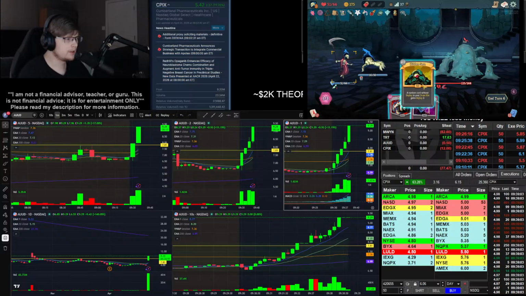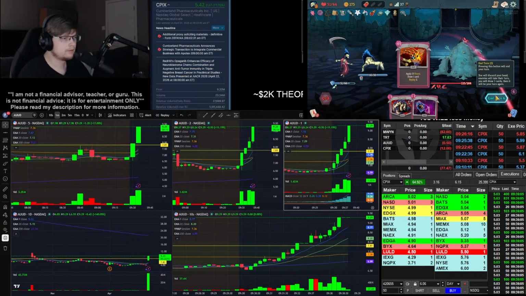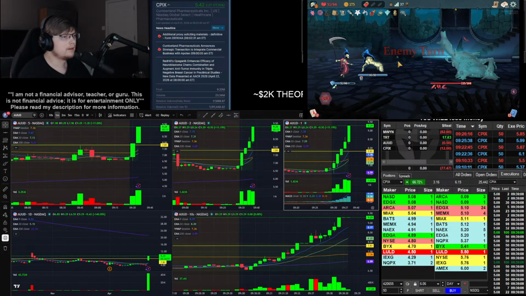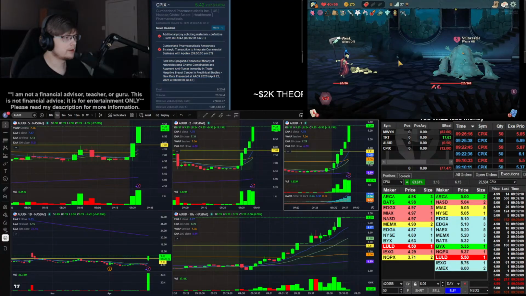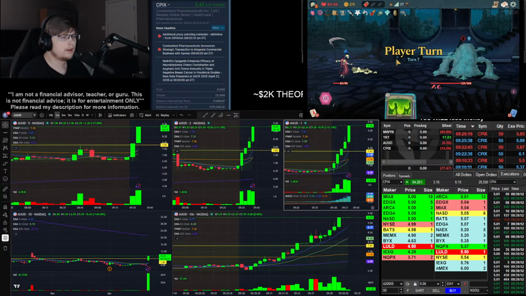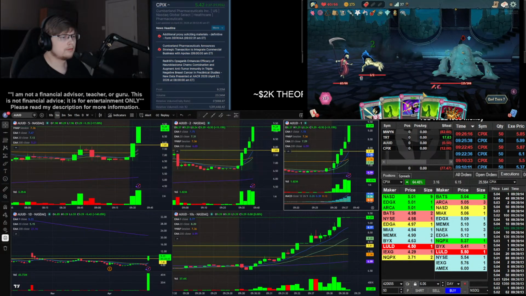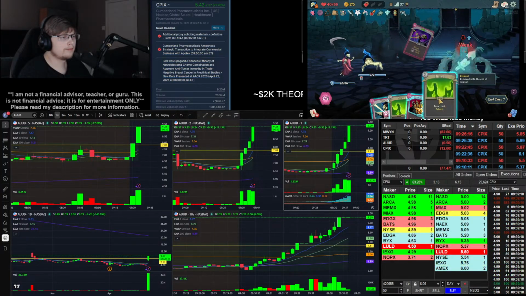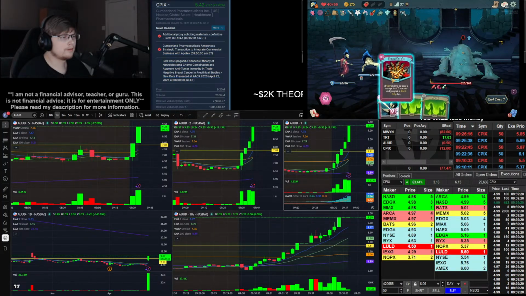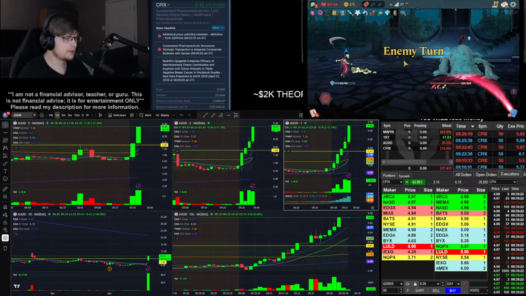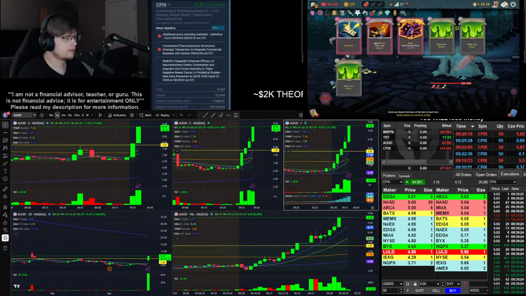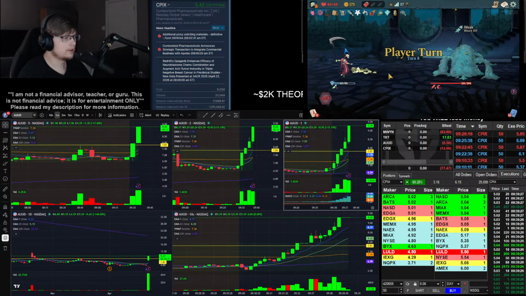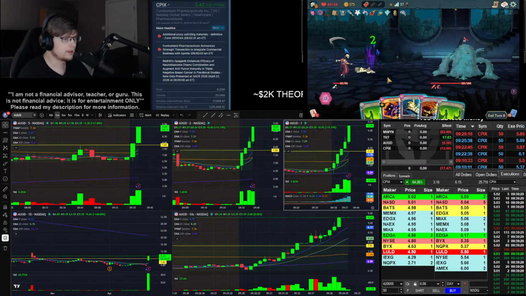Well, I'm going to take a bunch of damage here because I don't have enough cards in my hand. The amount of slimed I have is kind of ridiculous. Probably going to draw a full hand of slime here, half a hand of slime again.